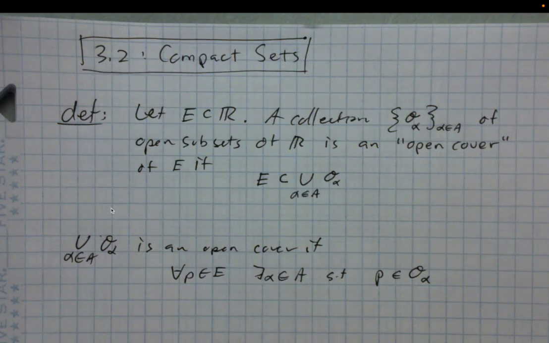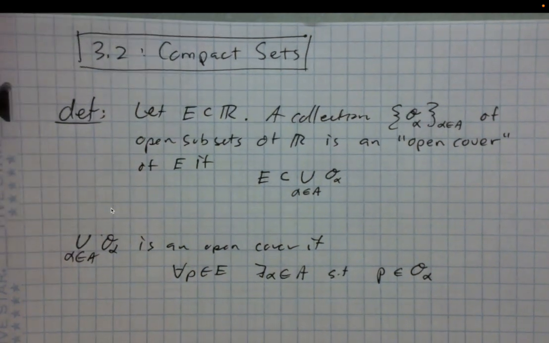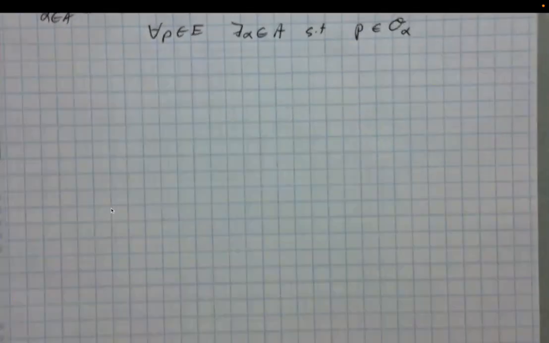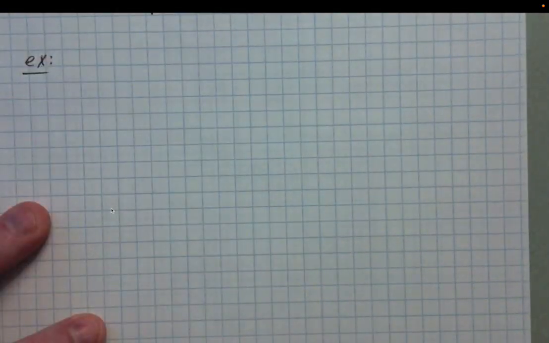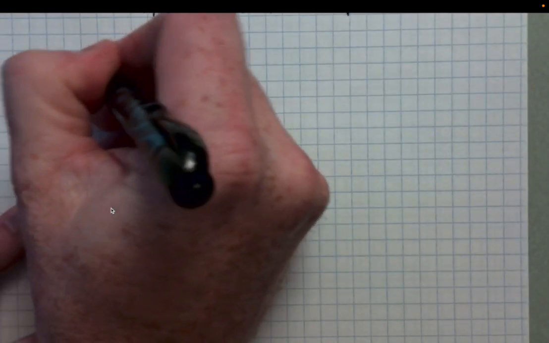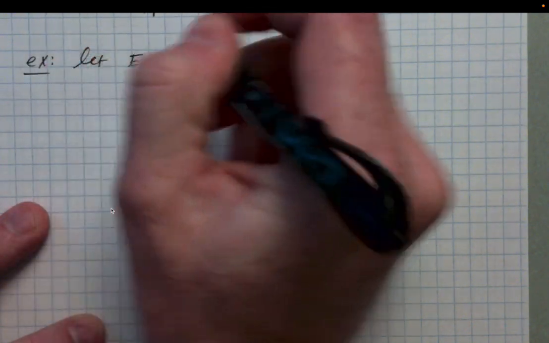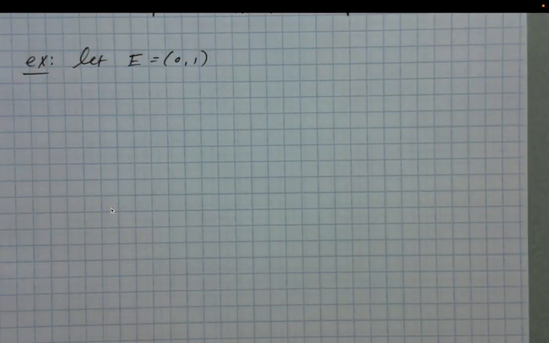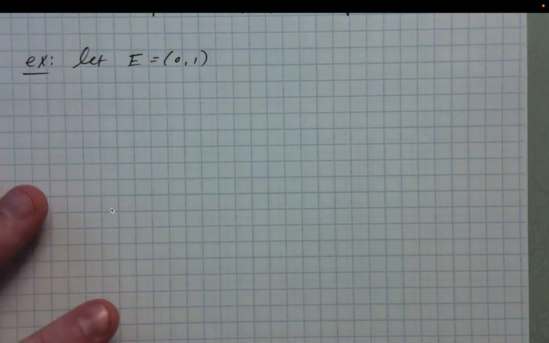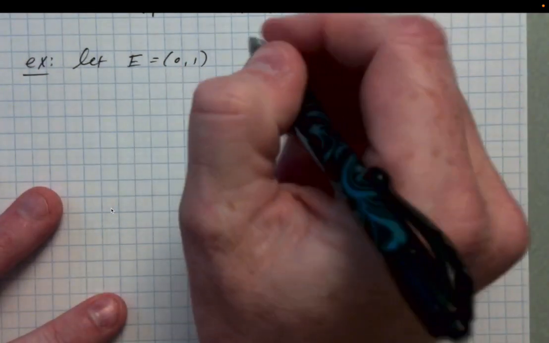So let's look at some examples. We've got to generate some intuition regarding this idea of an open cover. So the first example is this. Let's let E be the open interval 0 to 1. There are many open covers that you can imagine for this, but let's consider a particular one.